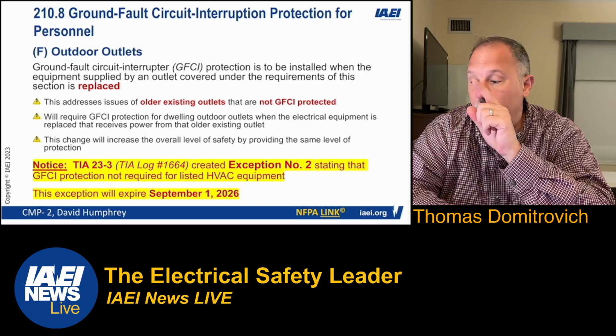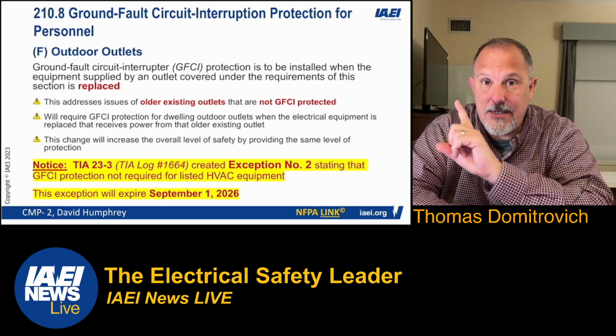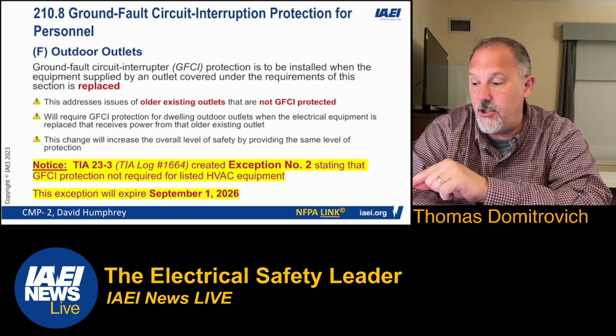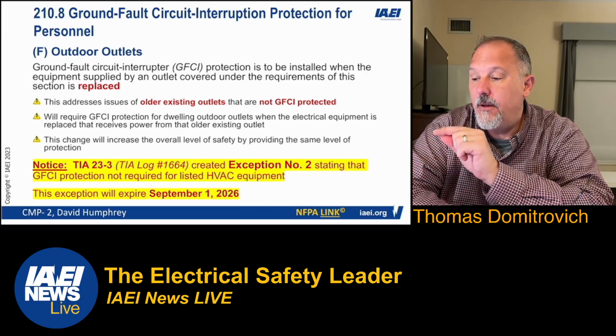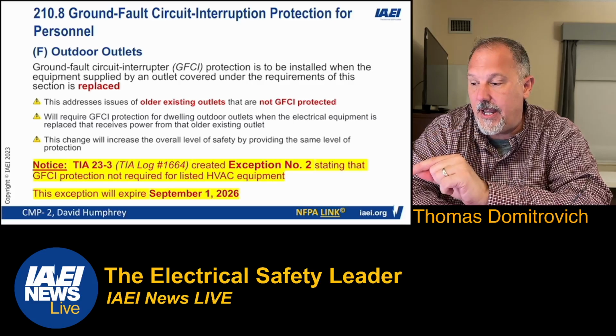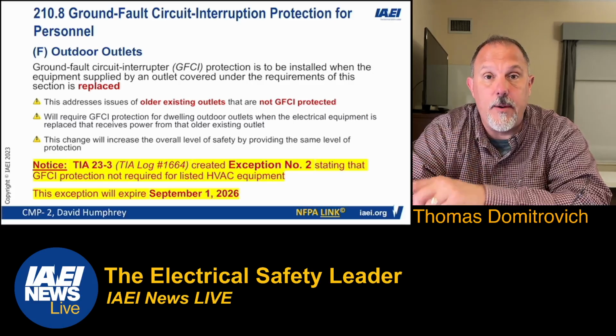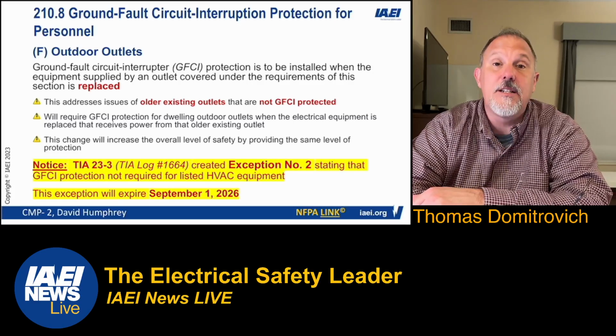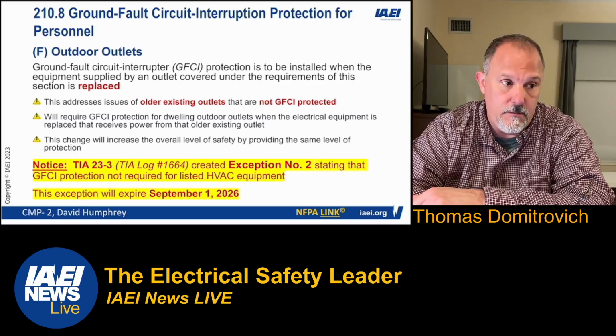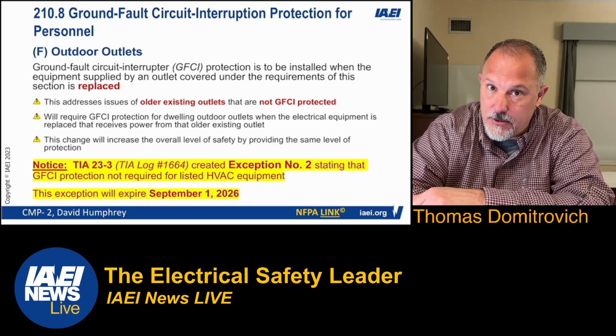We did not support, panel 2 did not support the technical change that provided an exception from GFCI for listed HVAC equipment, because our argument was just because it's listed does not mean that it is not a hazard, number one.